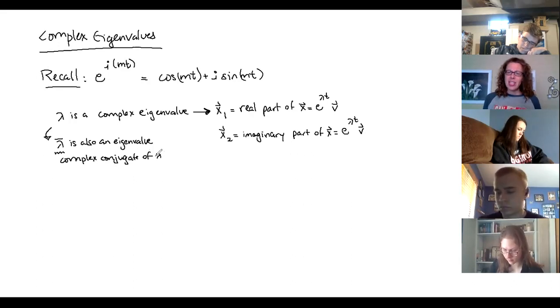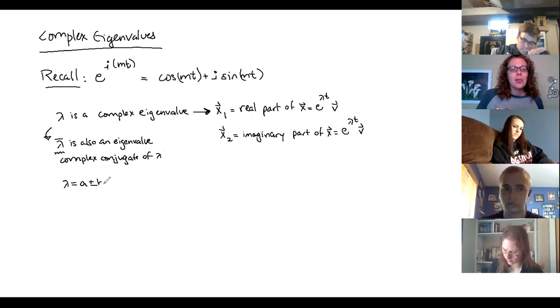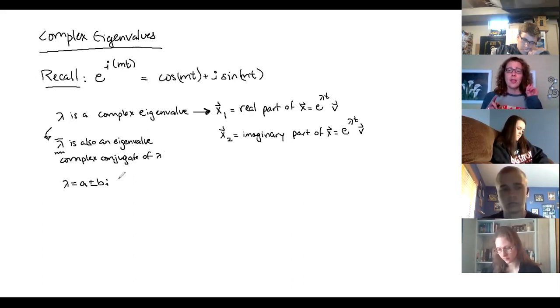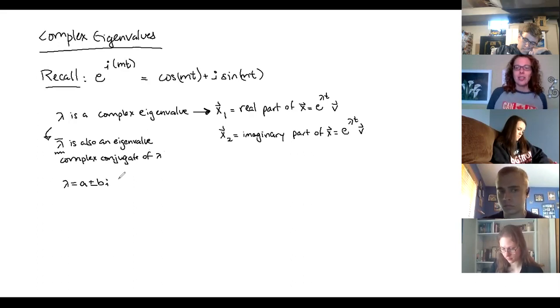I think I used that terminology way back in chapter 2. I wouldn't expect you to remember. But basically, remember that we are saying lambda is a plus or minus b times i. So we only have to deal with one of those. We only have to deal with the plus, or only the minus, because we'll get the same answer for the other one. I'm talking in generalities. If you are thoroughly confused, that is totally okay. This will be better when we do an example.